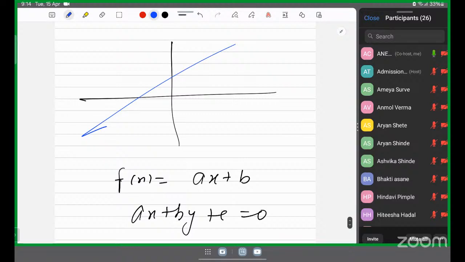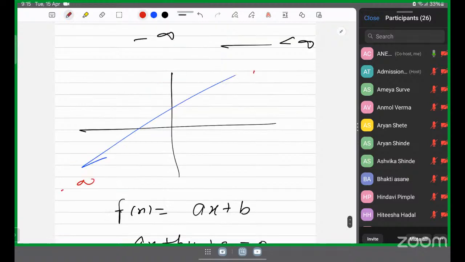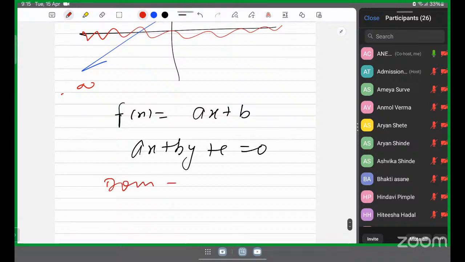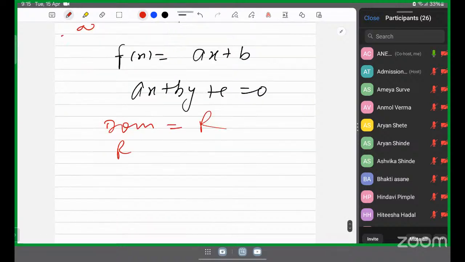Ax plus by plus c equals 0 is again a straight line. And if it is a straight line, it will extend from minus infinity to plus infinity in the y direction, and you can take any values on the x-axis. So again, its domain will be all real numbers. Its range will be all real numbers. Understood?